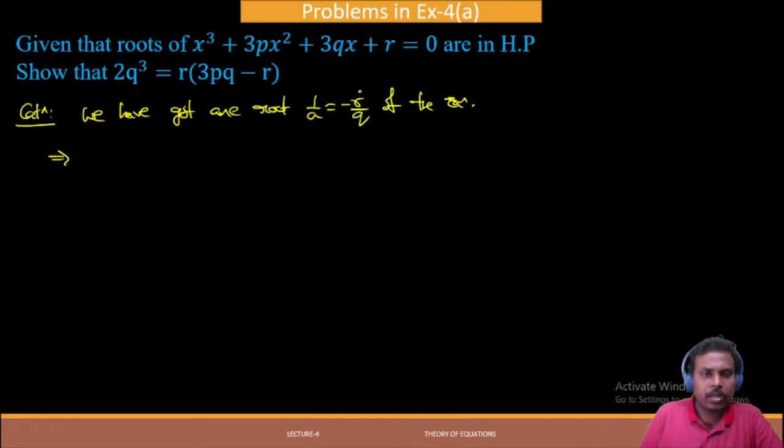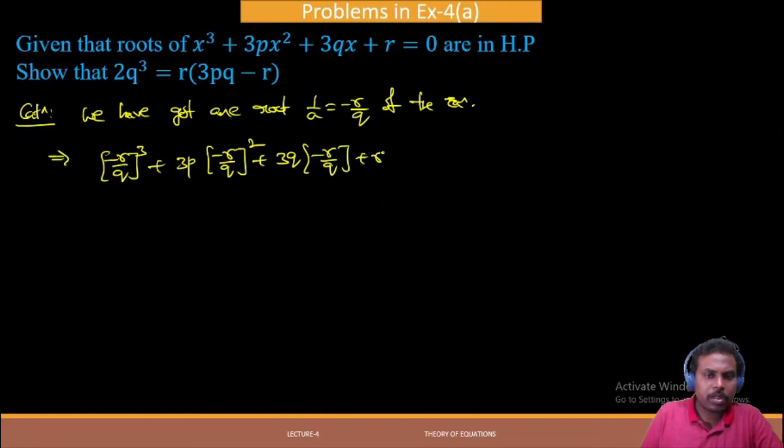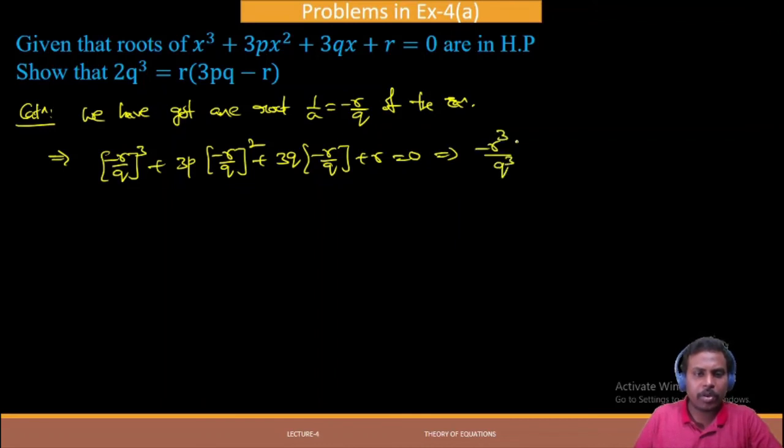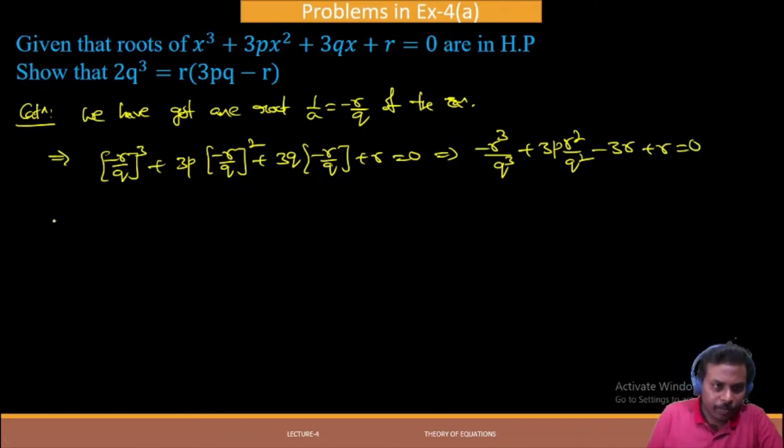Okay, so after substituting in the given equation, this is minus r by q whole cube plus 3p into minus r by q square plus 3q into minus r by q plus r is equal to 0. So this implies minus r cube divided by q cube plus 3p into r square divided by q square minus 3r plus r is equal to 0.